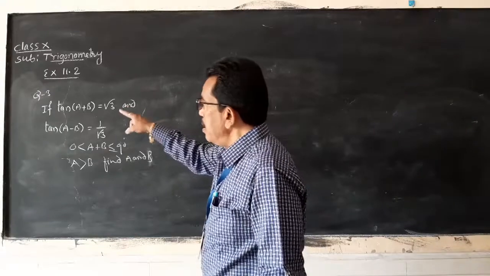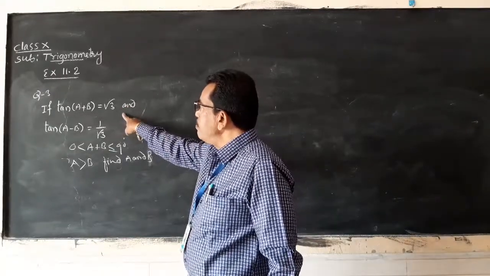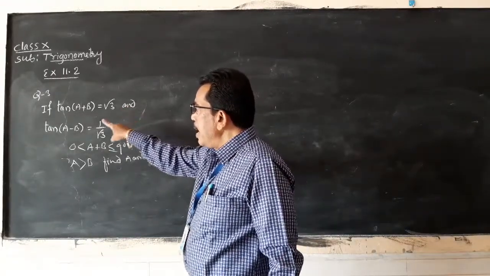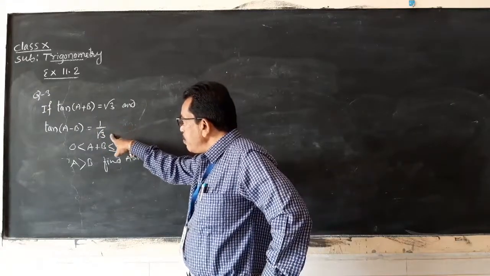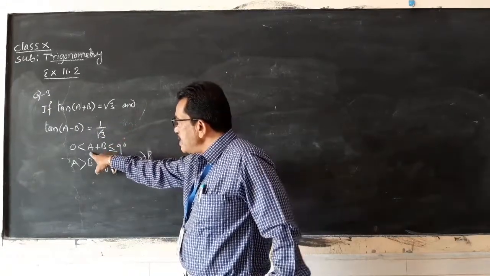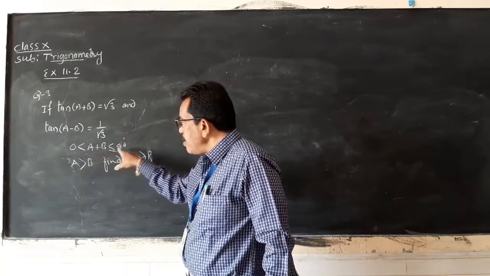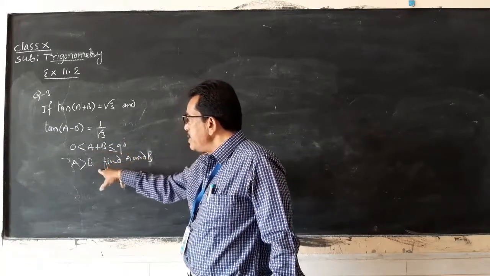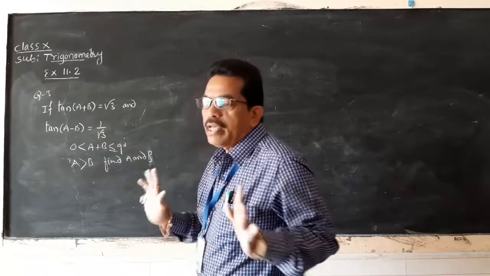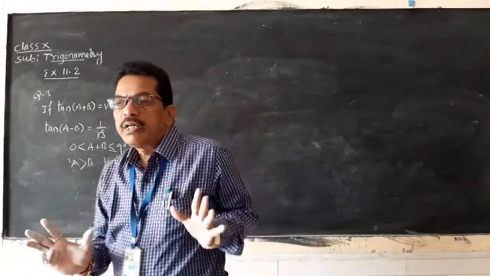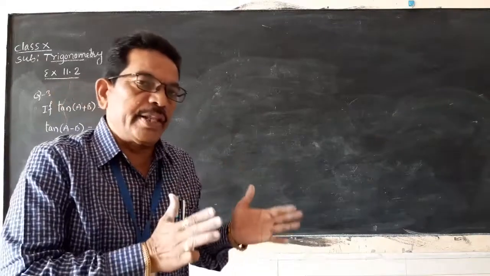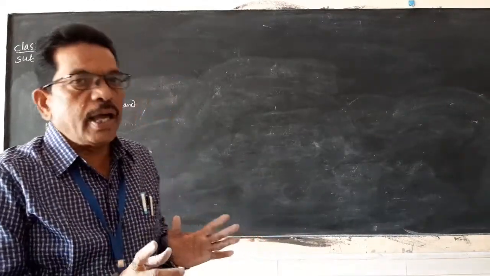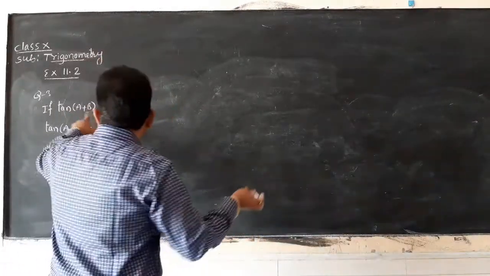Question number 3. If tan of a plus b equals root 3 and tan of a minus b equals 1 by root 3, 0 is less than a plus b is less than or equal to 90 degrees, a is greater than b. Find a and b. A is greater than b means the angle a that we obtain should be greater than angle b. Okay, let us move to solve this one.